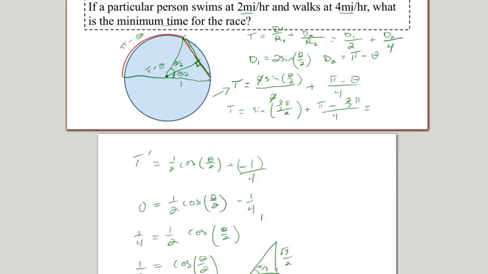And this is going to come out to, well, this is sine of pi over 3, which is root 3 over 2. And pi minus 2/3 pi is 1/3 pi, so this is going to be plus pi over 12. All right, so not the standard way we read hours, but there you have it. That's the minimum time to run this race.